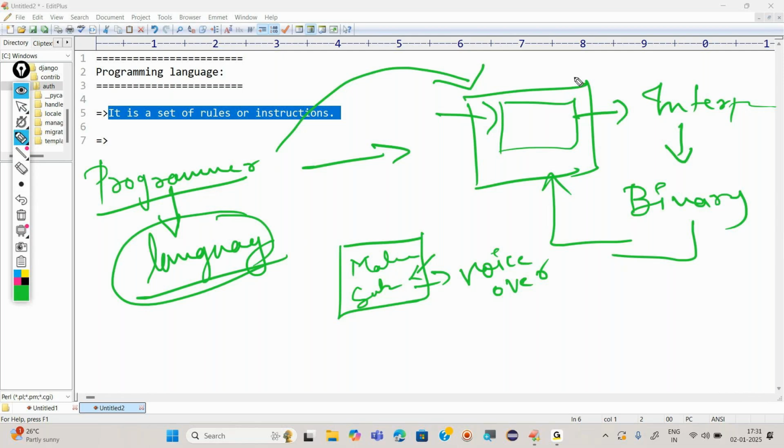The same thing happens for our system as well. To communicate with the system, I need one programming language. Why? Because the language we feed to the system can't be understood directly.